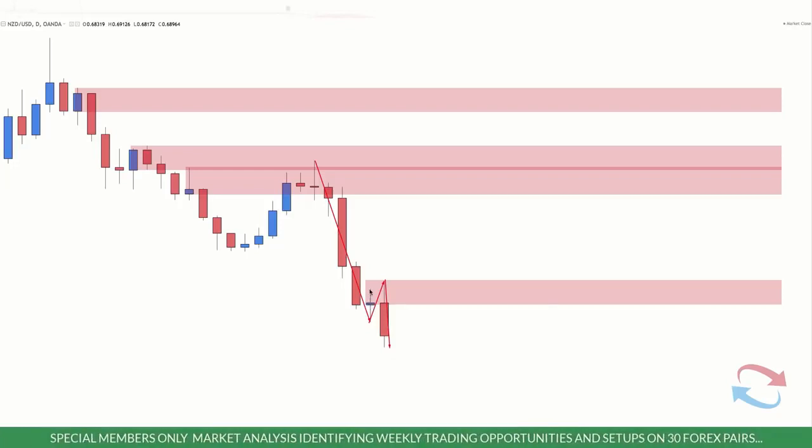So now this is our supply zone, because we made a bearish low after this bullish candle.